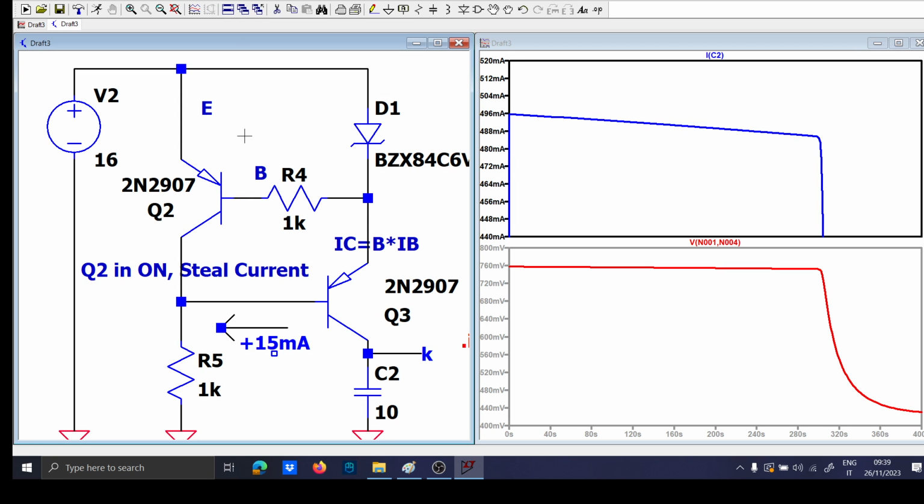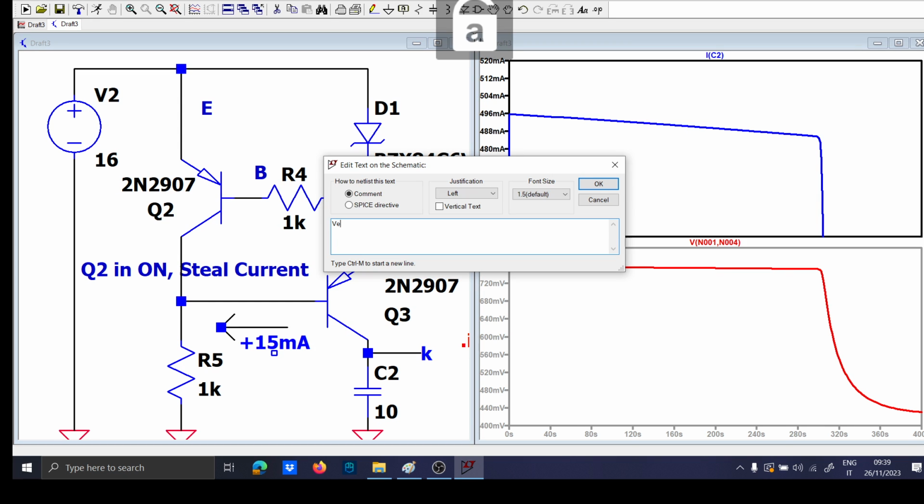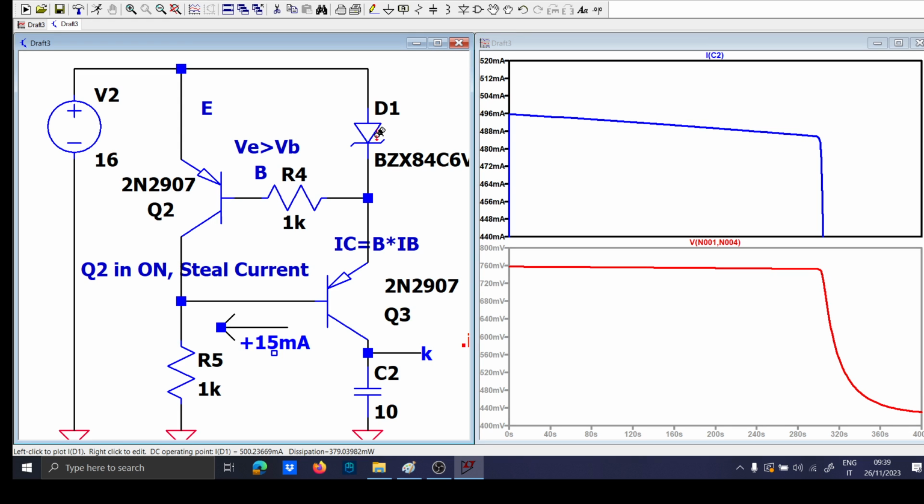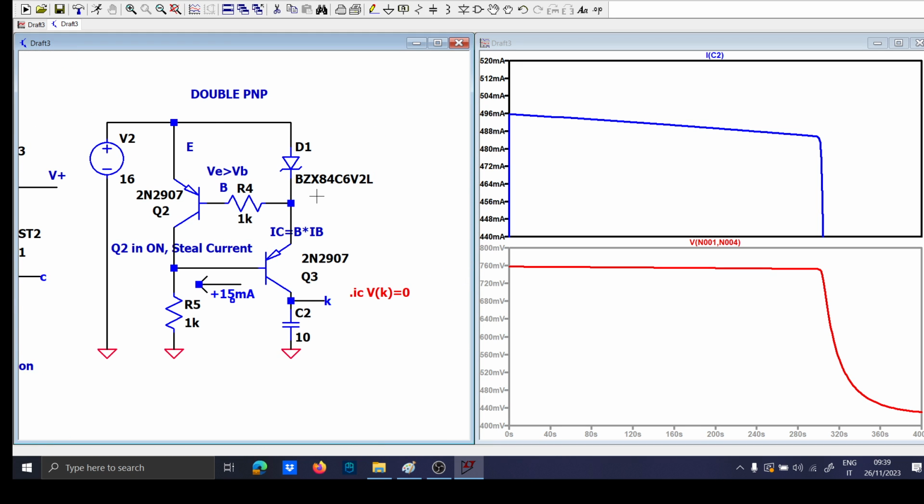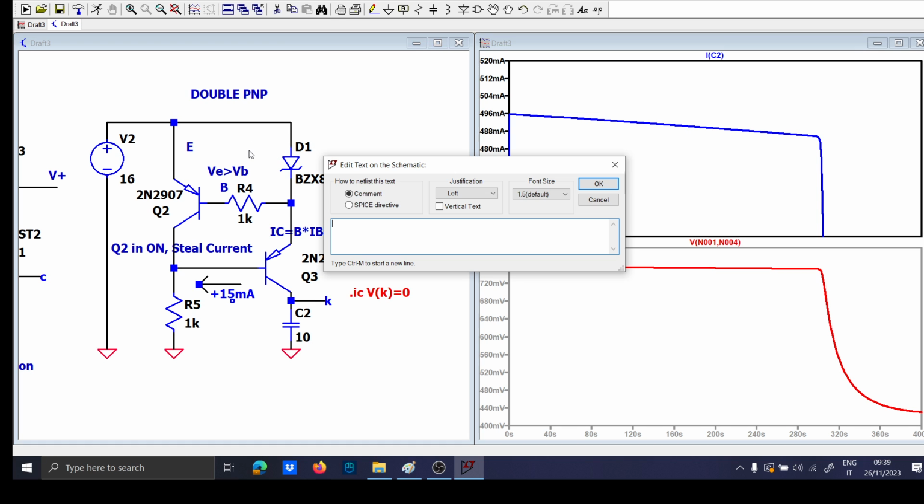The equation is always that when the emitter base VA is higher than VB, this is on, and this threshold here will strongly depend on the Zener. So this is also one way to set the current by voltage drop.